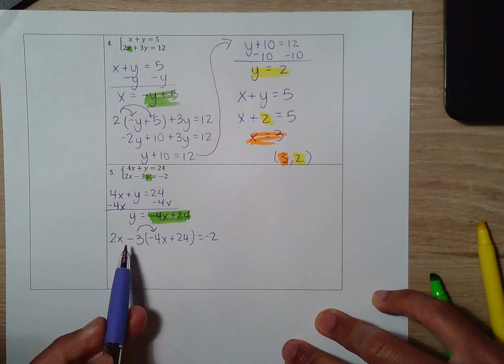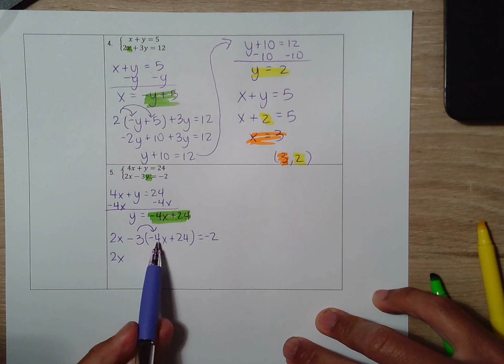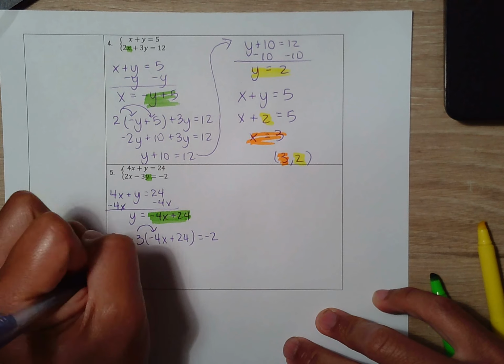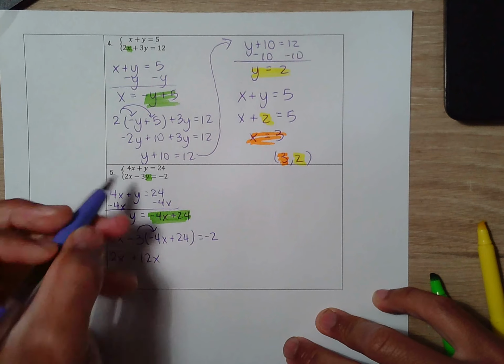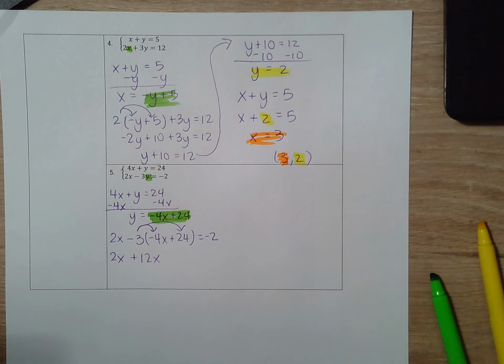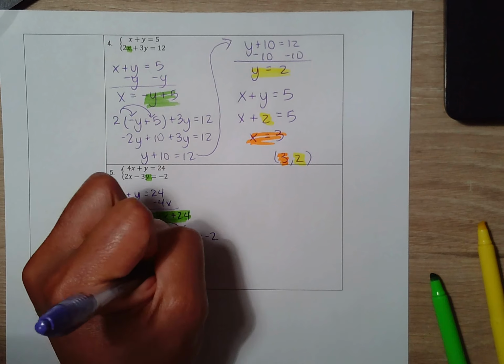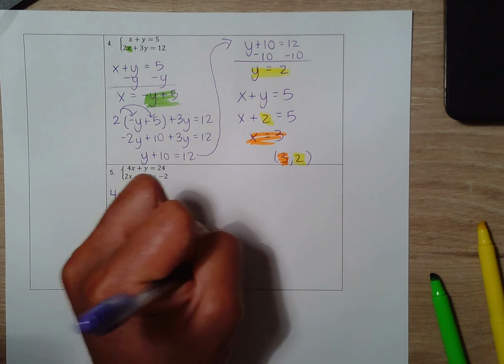Be careful about distributing. So 2x. Let's see, negative 3 times negative 4x, that's positive 12x or plus 12x. Negative 3 times 24, that gives me negative 72, pretty sure. Yeah, minus 72, and that's equal to negative 2.